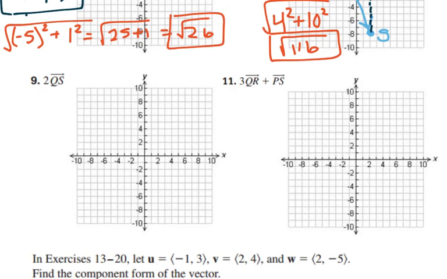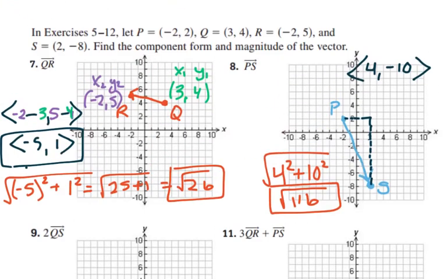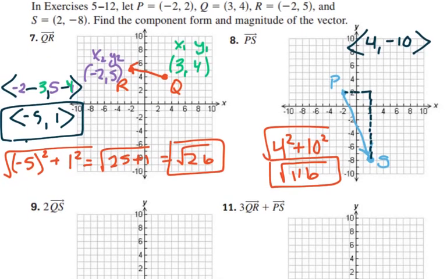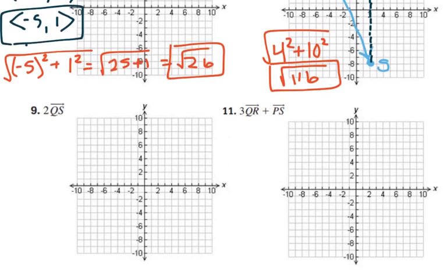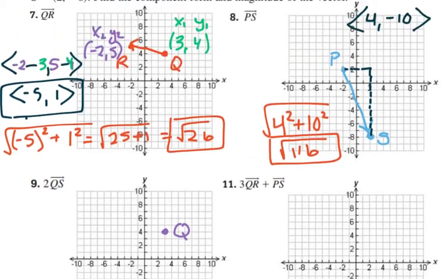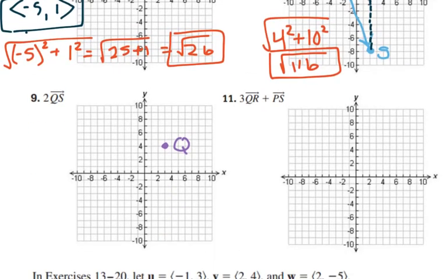Alright, then our next one is 2QS. Okay, so where's Q to S? 3, 4. And 2, negative 8.